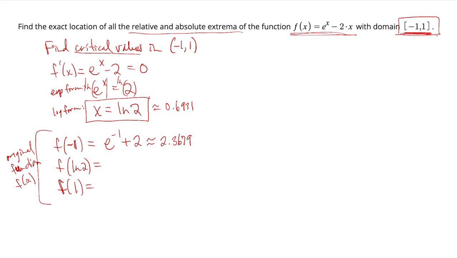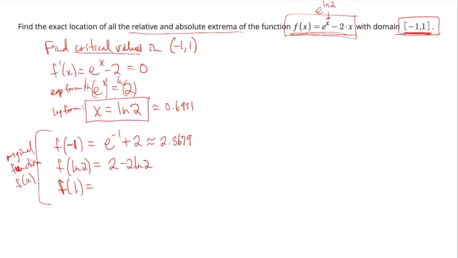Next, plug in ln of 2 into our function. Here's our function. I'll end up getting an e to the ln of 2, so that ends up just being a 2, just like ln of e to the x was equal to x. And then I'll plug the ln of 2 in for the other x.